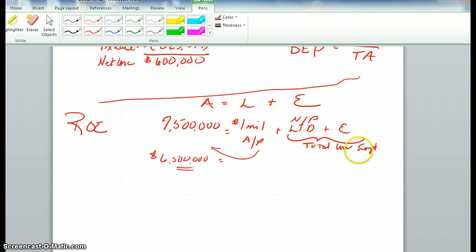The other thing we do know is that debt, this portion is 40% and this portion is 60%, because that's what they told us in the problem, that the company is financed through debt and common equity. There's no preferred stock, and it's 40% debt and 60% equity.